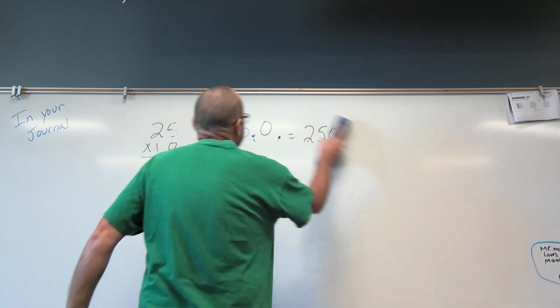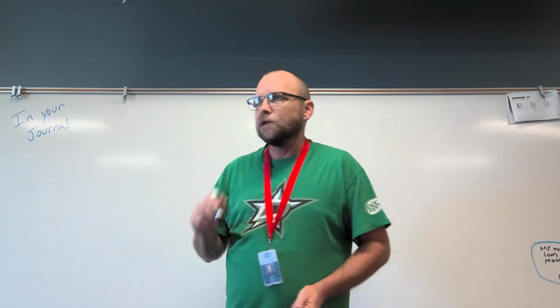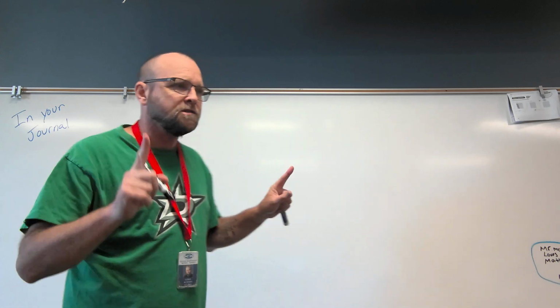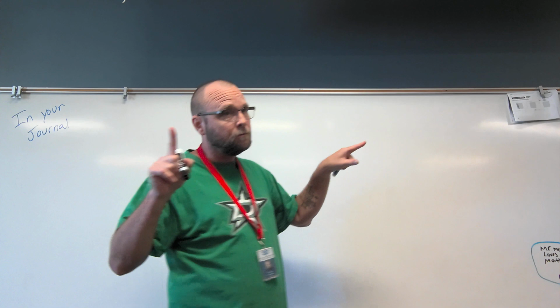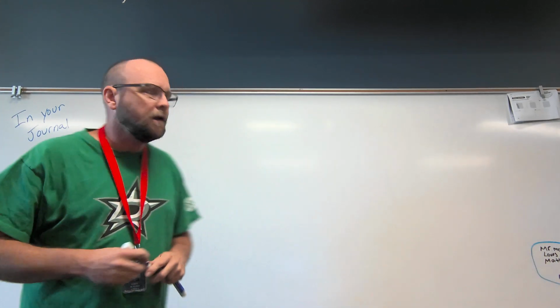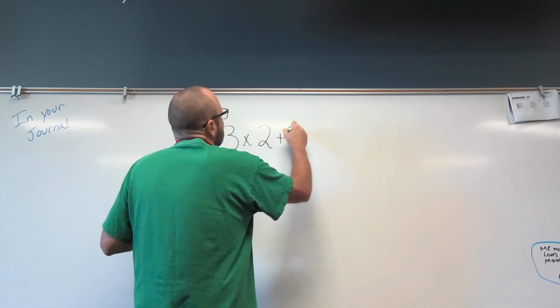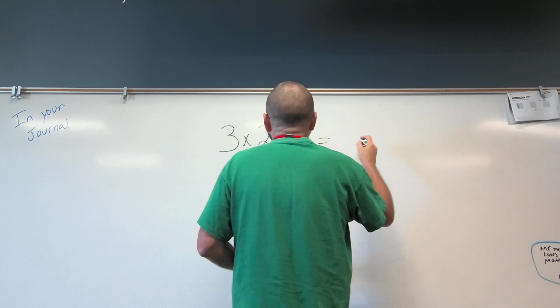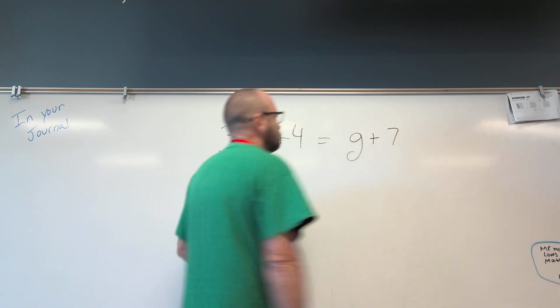All right, one other thing I got to show you for today's warm-up. Because you're going to see questions like this. And when I tell you to do the warm-up, which is a little bit because we got other stuff to do, you're going to go, I don't get it. That's why I'm showing you this right now. So if we had 3 times 2 plus 4 equals G plus 7.